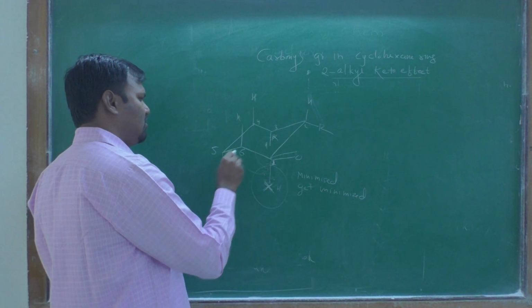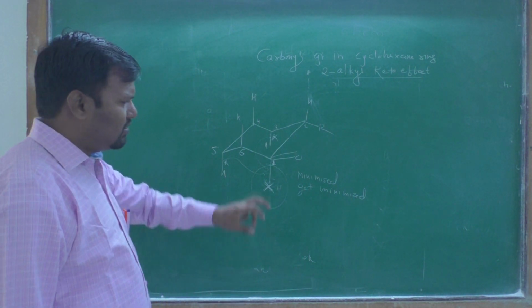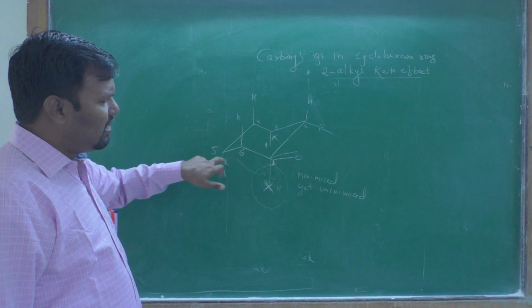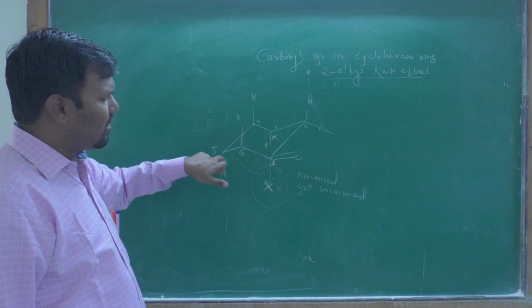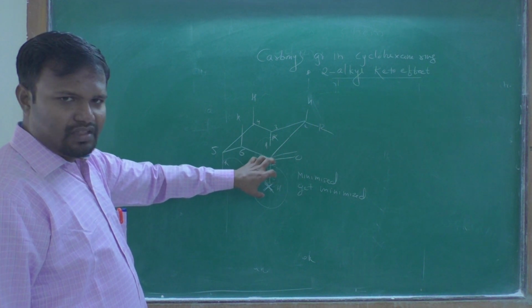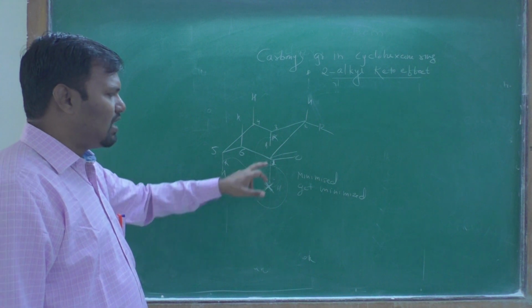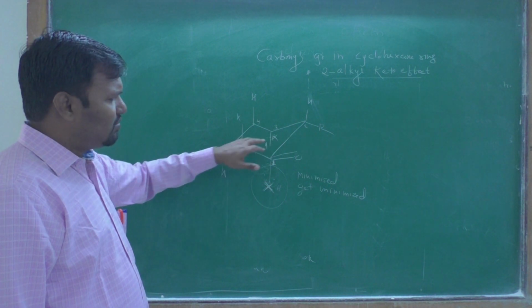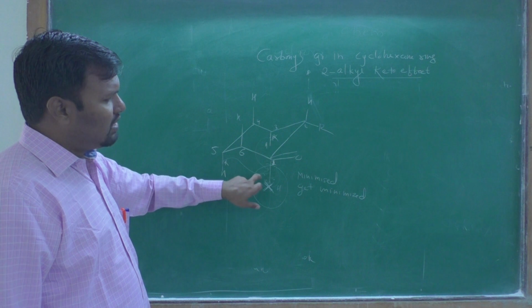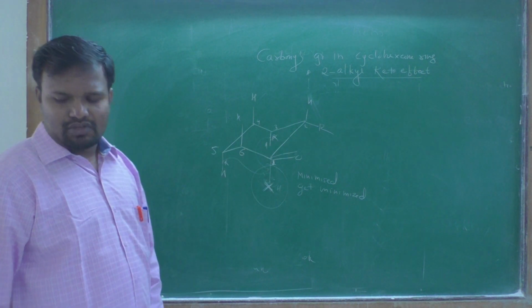Therefore, one observation we have found: there is only one diaxial interaction present for alpha carbon number 3 and 5, and due to the unavailability of hydrogen at the carbonyl carbon, a minimization of 1,3 diaxial interaction is also found in this molecule.